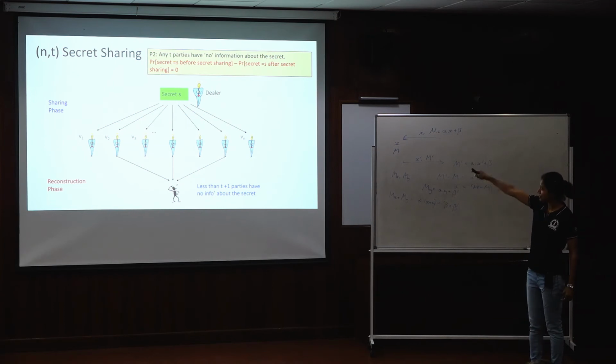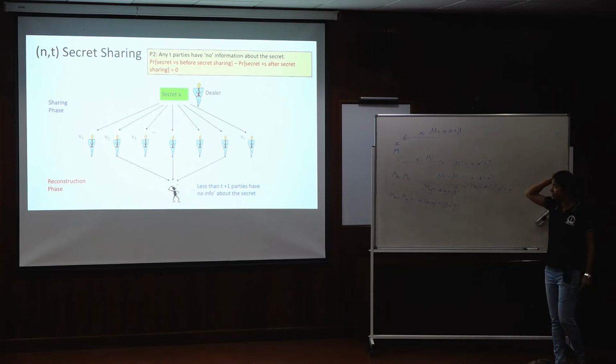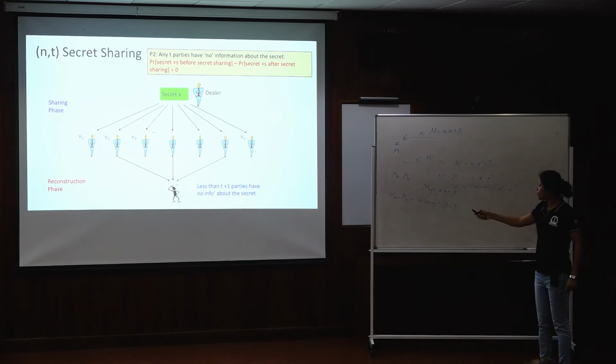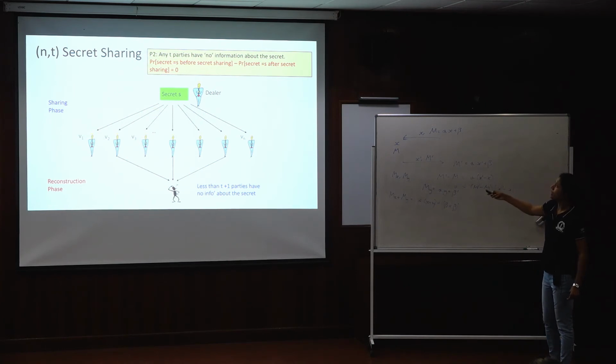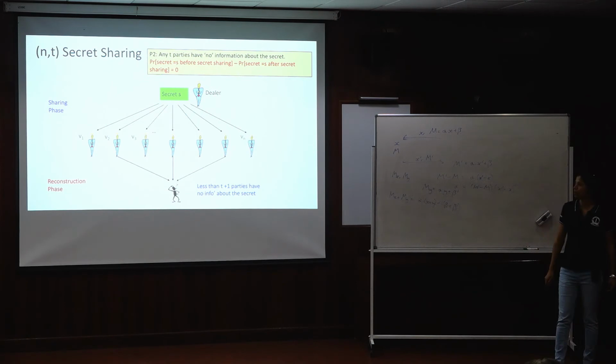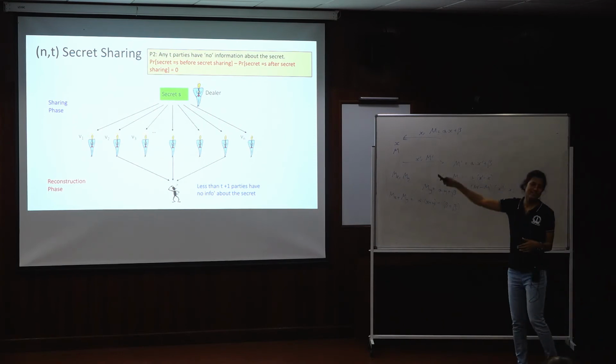The first property that I have mentioned is privacy, or secrecy. What that means is that any T parties will have no information about the secret. Specifically, we can make a statement like: the probability that a specific secret S is the secret before the secret sharing is done is equal to the probability that it is the secret after the adversary sees the T shares.